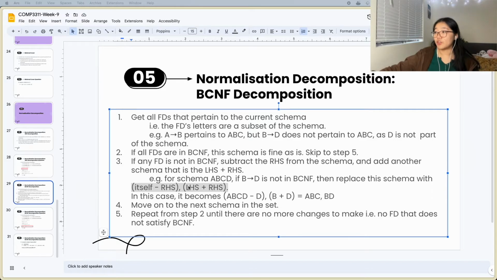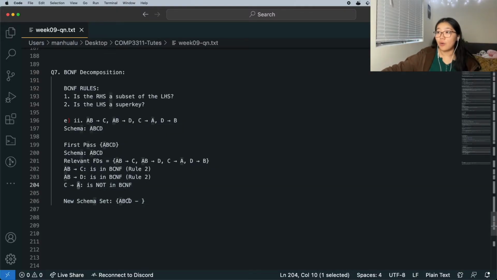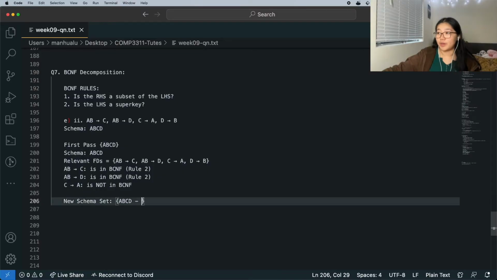And we also want to generate another set that is just the left-hand side plus the right-hand side of our functional dependency. So what I mean is that our new schema set is going to be the original schema minus the right-hand side of our not in BCNF functional dependency.